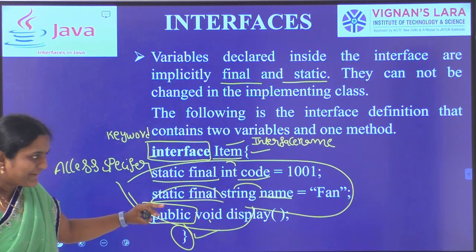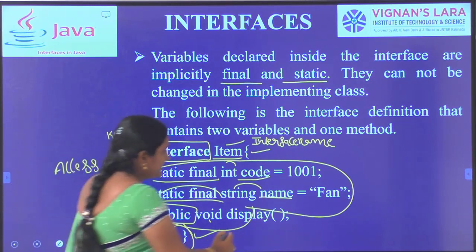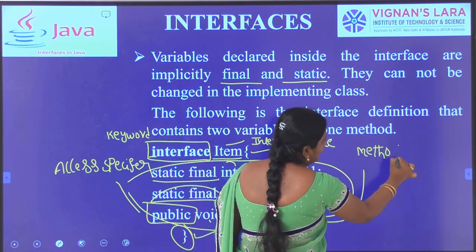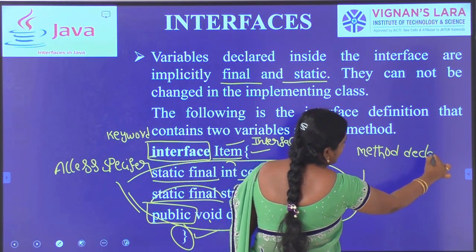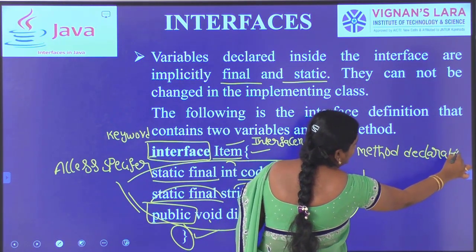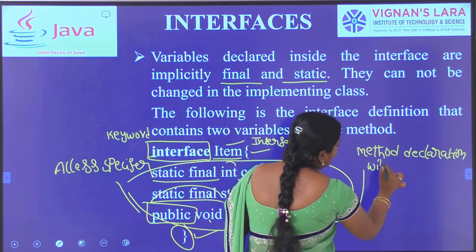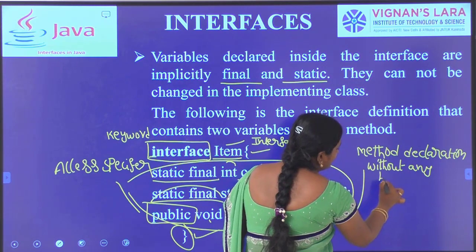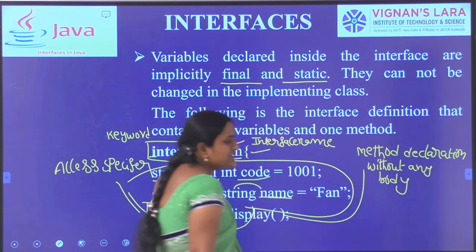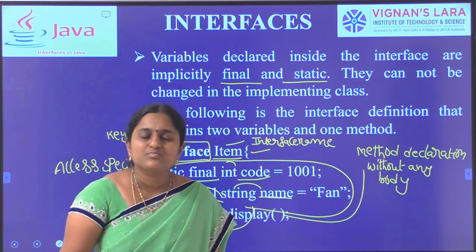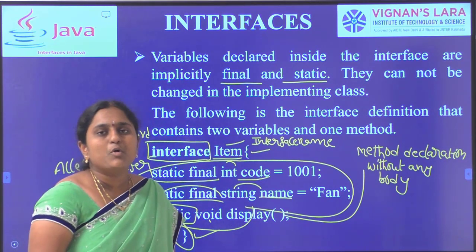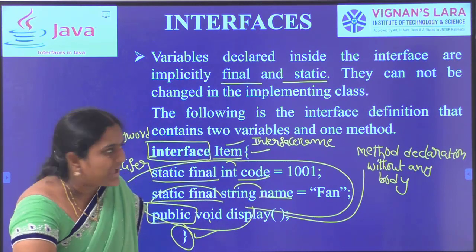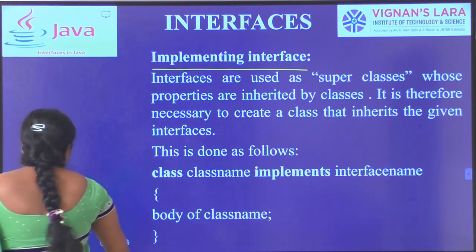It contains only the method declaration without any body. In later stages, it is the user's responsibility to implement the body of the corresponding method. That's why we have the implementing interfaces concept.